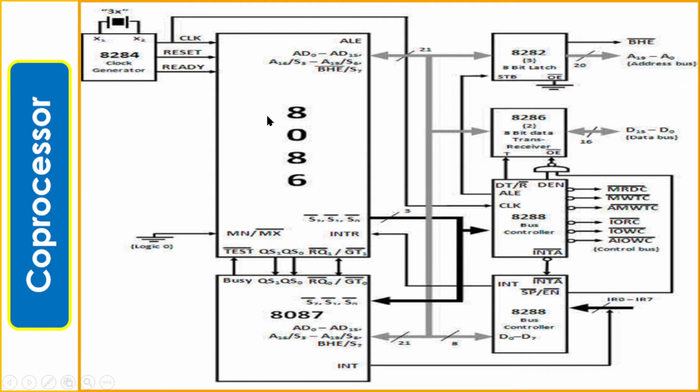Whenever we are using the 86, these three peripherals are mandatory. We have to connect them with the system, then only can we connect memory, I/O devices, and the clock source through the crystal. Everything is possible. So these three are common even in minimum mode, but here it is maximum mode.